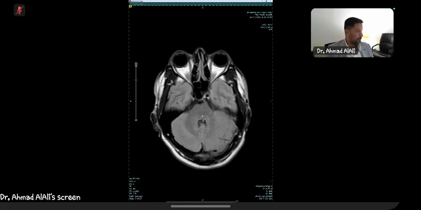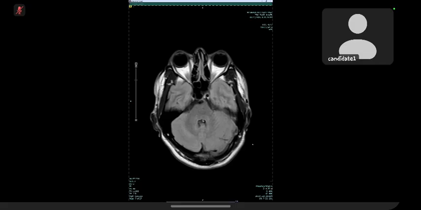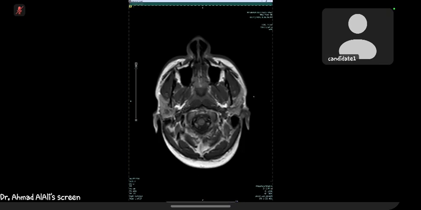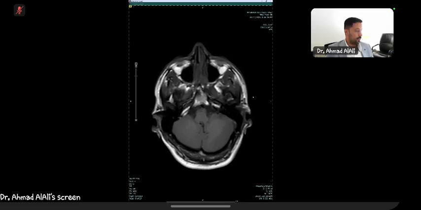Okay, so FLAIR images, or do you want another sequence for that? I want to see the T1 weighted images, or the T2 weighted images, I want to check again the left transverse sinus. Yes, this is T1 weighted images.